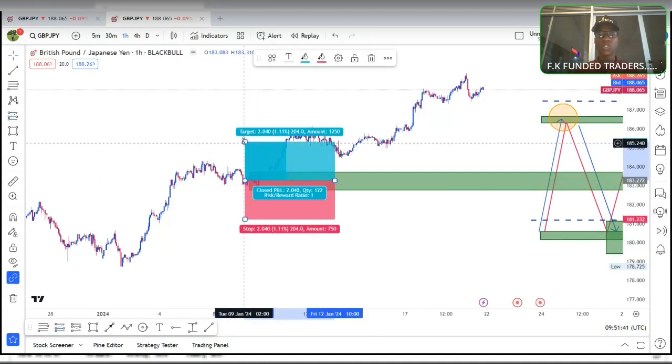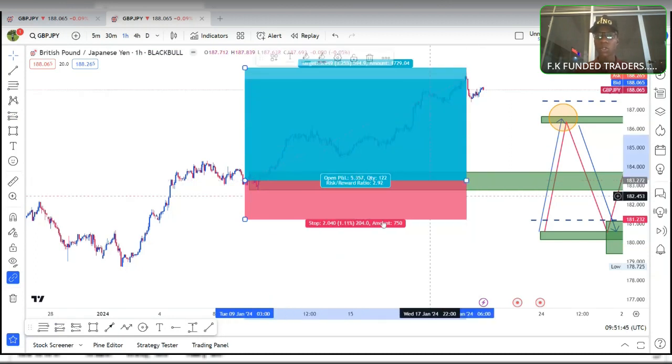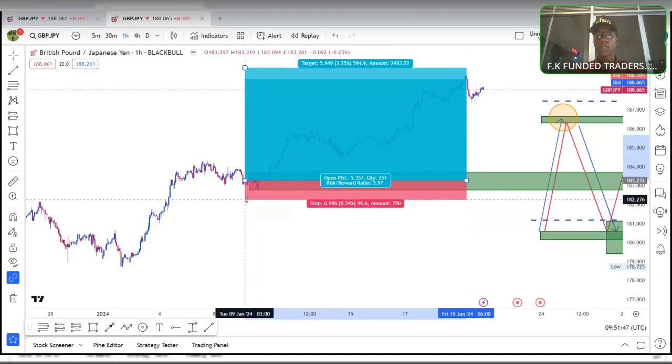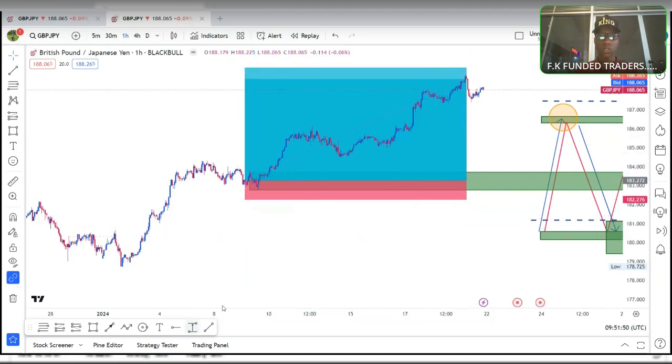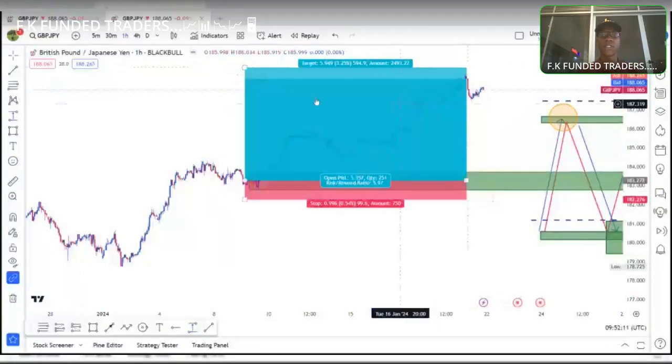So if you knew how to use the Fibonacci tool, you were able to capture, let us see the pips on GBPJPY, around 500 pips. So that's one of the indicators that actually works, and even those aiming at flipping accounts can use it.